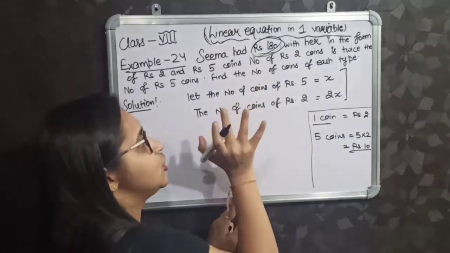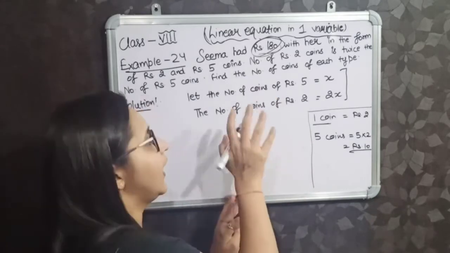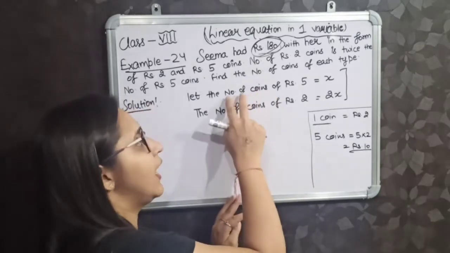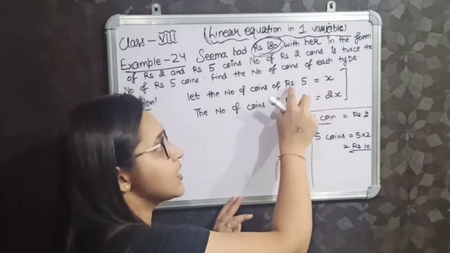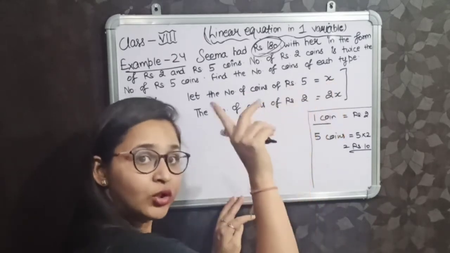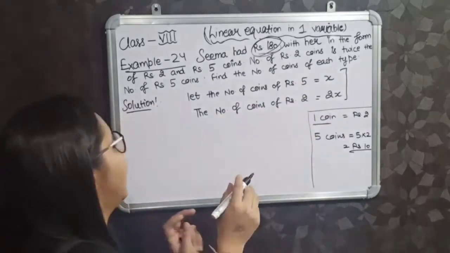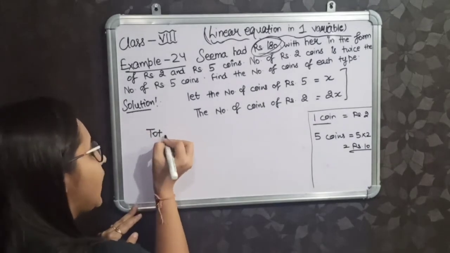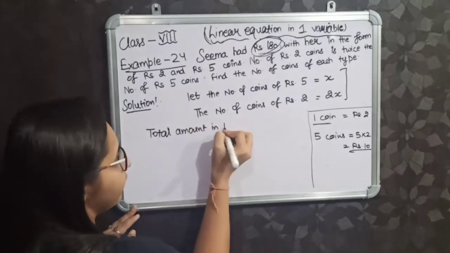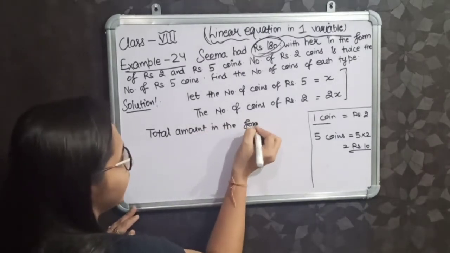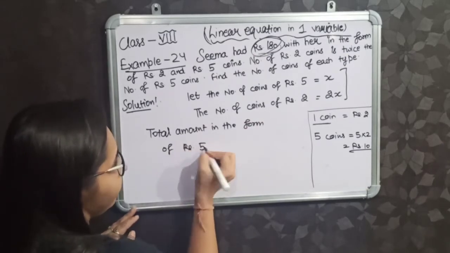I have just the number of coins only. I do not have the amount. I have just the number of coins, and that number is X. And the coins are of rupees 5. So, I am writing the total amount in the form of rupees 5 coins.